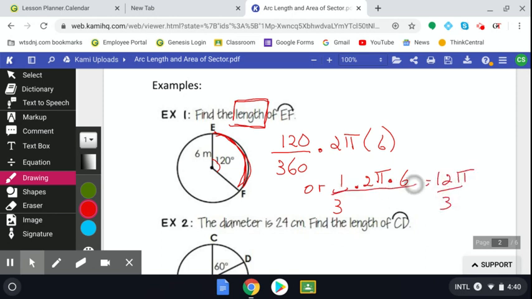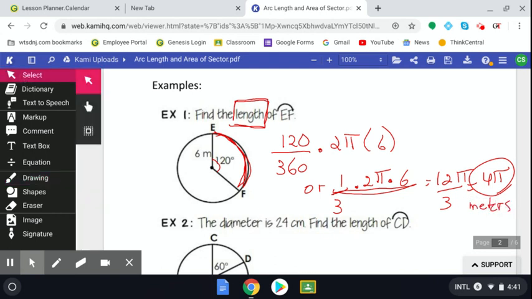I multiply the tops together, leave the bottom alone, which is the same as 4 pi. You can leave your answer like this, or you can enter it on the calculator and round to the nearest tenth or hundredth, whatever you're asked to do. And that is going to be in meters, because it's an arc length.